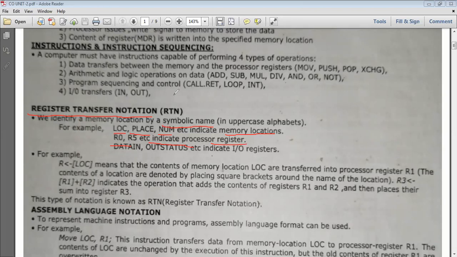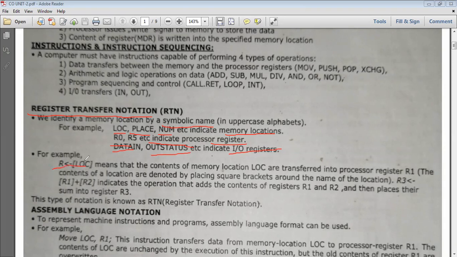Depending on our requirement, we use any register. The next one is data in, data out, status. These indicate IO registers. See here, one example will be considered, that is R arrow mark location.